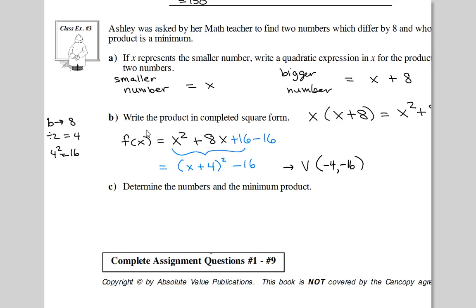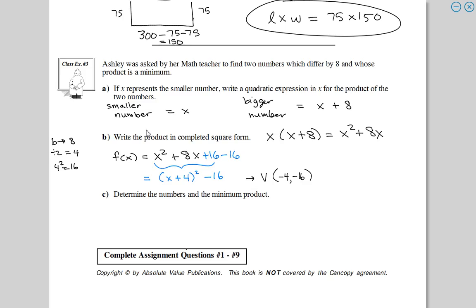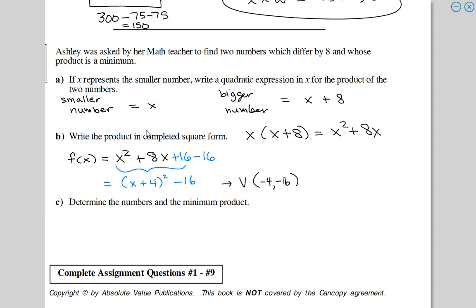Good. So if we look at this quadratic equation, what's the a value on it? So it opens up. Okay, so that negative 16 is a minimum. That vertex is a minimum.